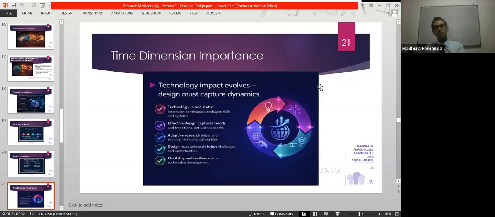So depending on your problem, you have to decide what is the research design you are going to employ. And then using that research design knowledge, you can anticipate your future challenges. If your technology changes in this way, what happens to the social aspects, what happens to the people's minds? And if the people's minds change this way, what happens to the technology? So the interplay you can find easily, because you know the appropriate research design you have to employ in each case.